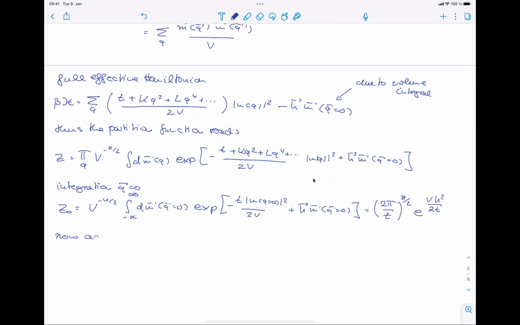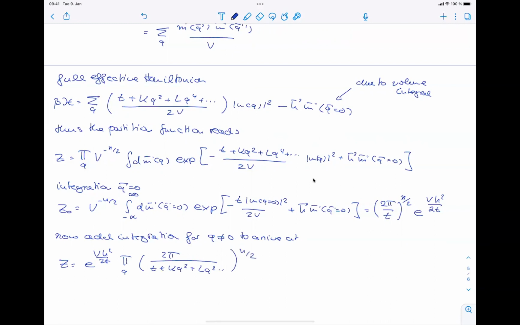So now add the integration for Q not equal to 0 and arrive at V h squared over 2t, and the other terms. So that's the Z0 term, and now the product of the other terms, they get the normalization of 2 pi over t plus Q K plus L Q to the power n over 2.